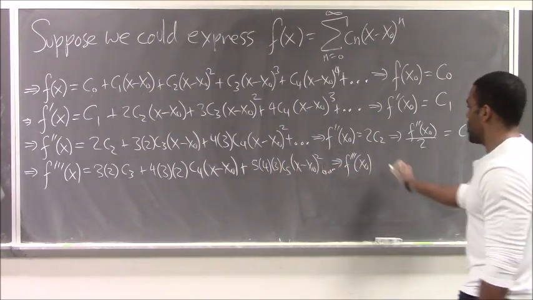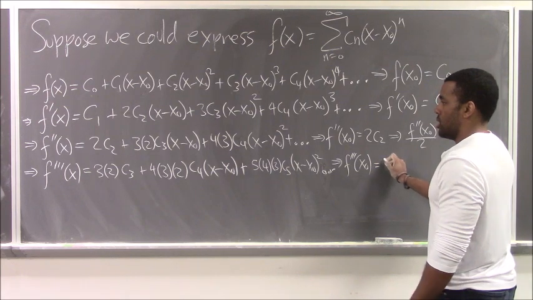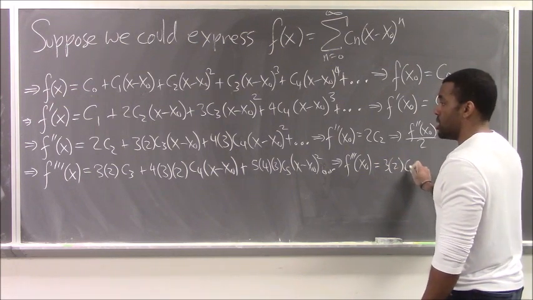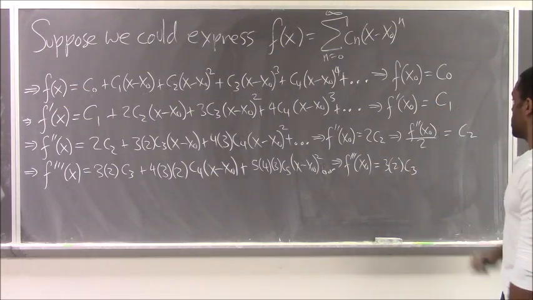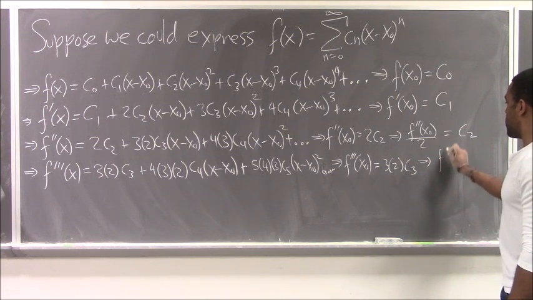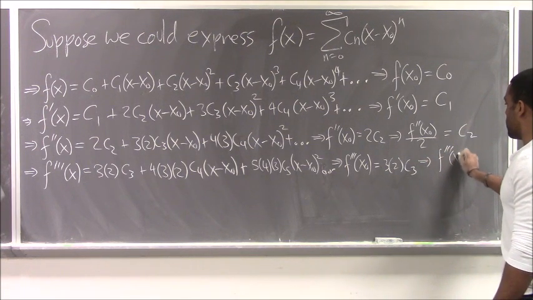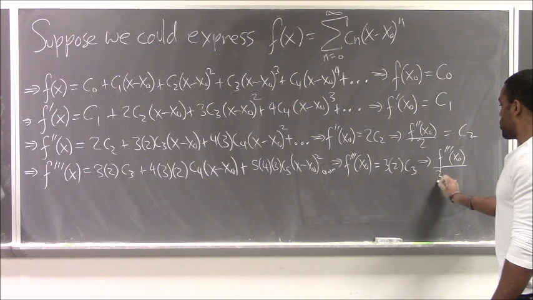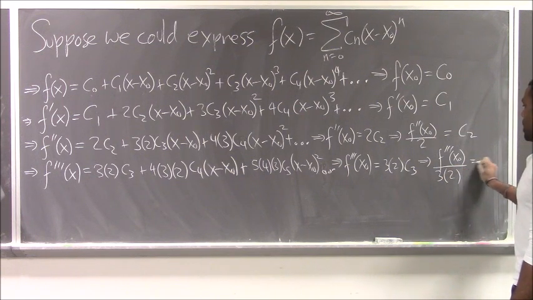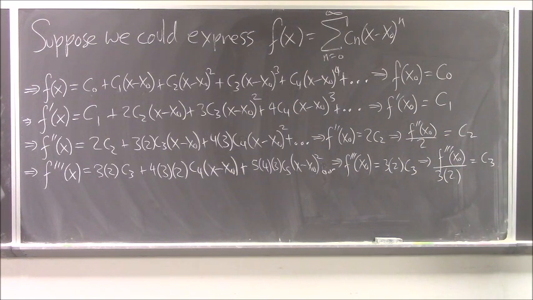I'm going to be left with 3 times 2 C3, which means if I take f triple prime of x naught over 3 times 2, I would get C3.